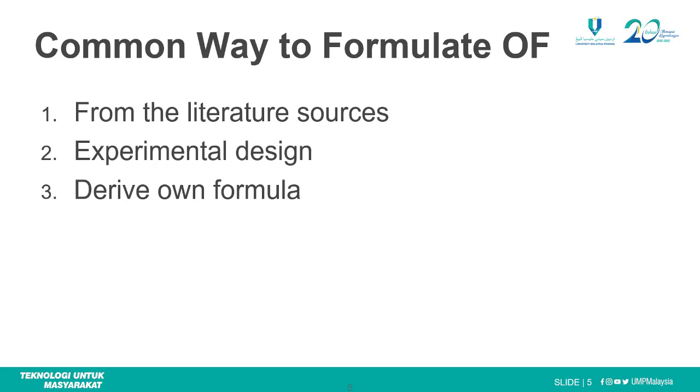Number one is we directly take or cite from literature sources, maybe from textbooks or academic journals, so we can utilize the function or the model that has been reported in the journal. Number two is by using experimental design. I will explain later. Then finally, by deriving the function or formula on our own.